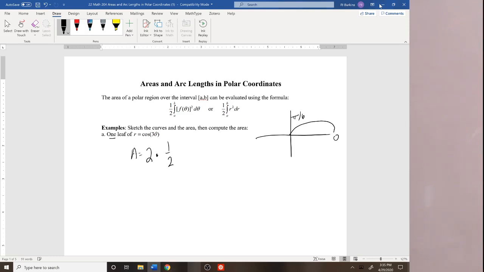Then the area equation is 1/2 the integral of f of theta, which is cosine 3 theta, squared d theta.